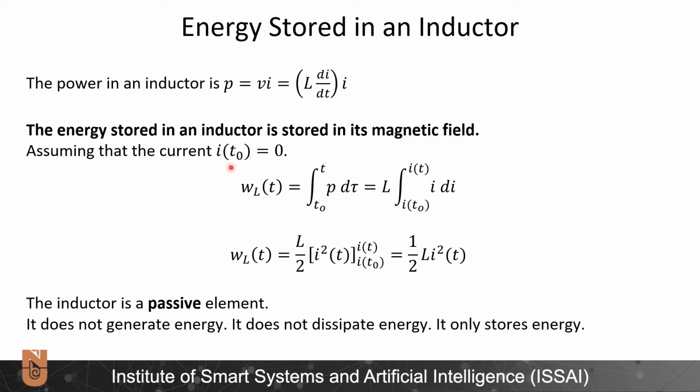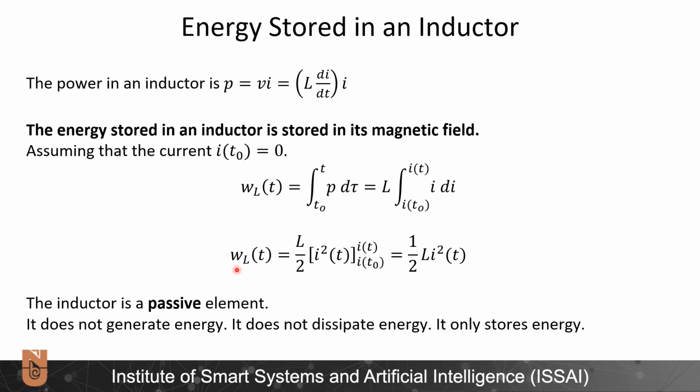Assuming that at time t0 the current is equal to 0, the energy stored in an inductor can be found as an integral from t0 till t, p d tau, and this will be equal to L times an integral from i(t0) till i(t), i times di.